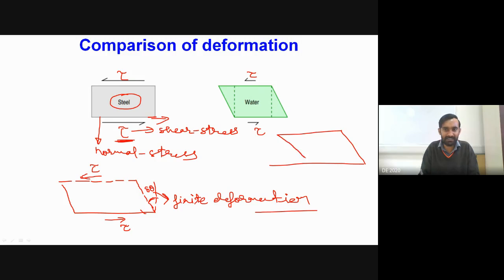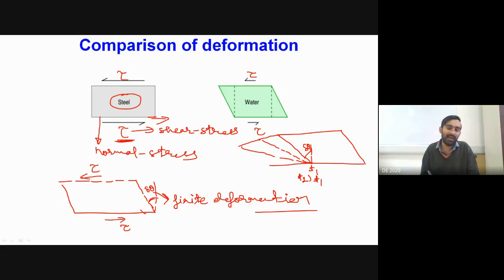For example, at an instant t1 I have delta theta 1 distortion. If I change the time to t2, which is greater than t1, I will have more deformation. At some other time t3 I will have even more deformation.